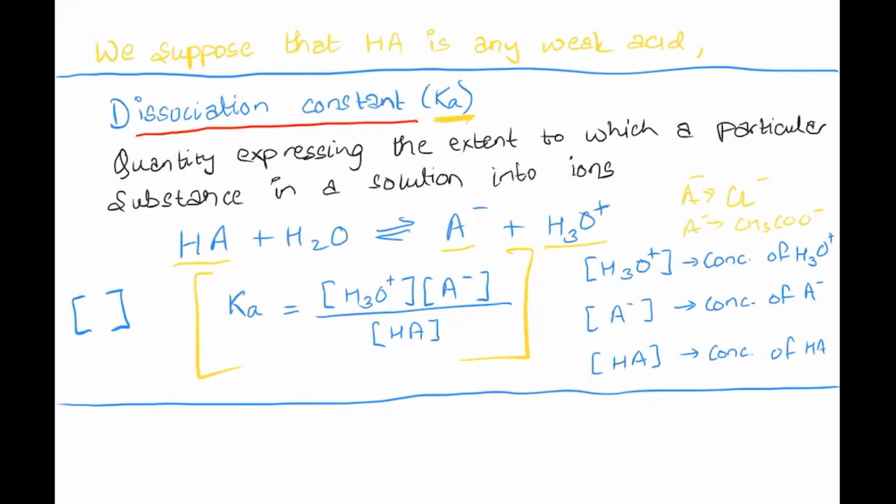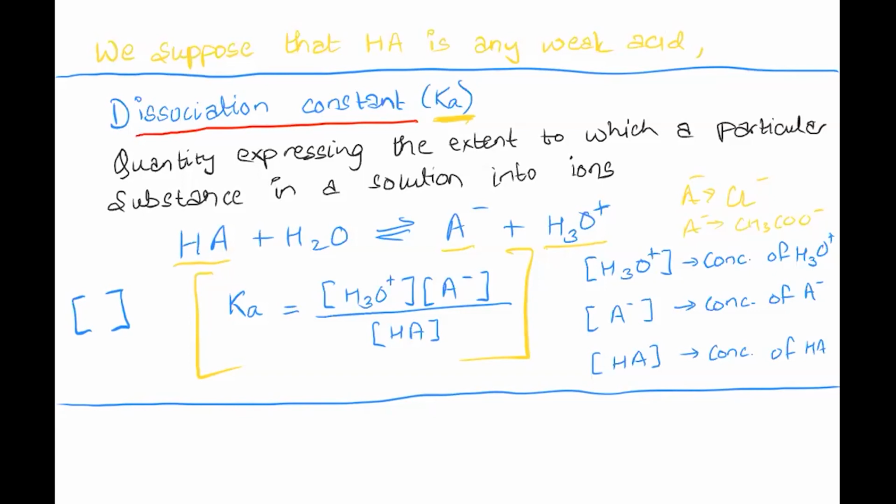So the concentration which I have written, H3O plus and A minus, for now you won't be asked questions on this, but whenever you are asked, you will be given the value of the concentration of H3O plus ions, like a particular number, so you can directly substitute the values and then get the value of the dissociation constant. So this is what dissociation constant basically is.